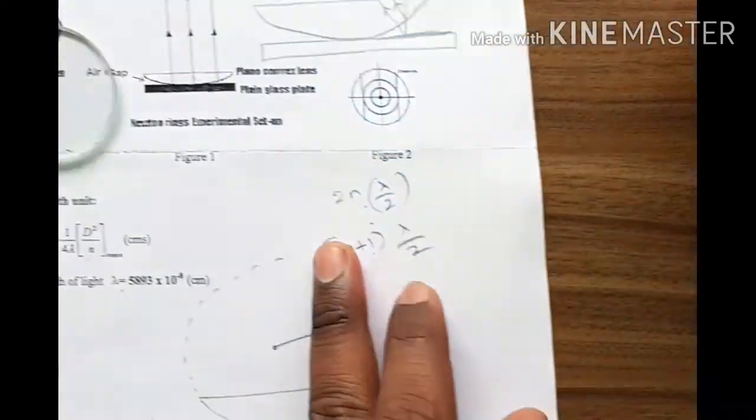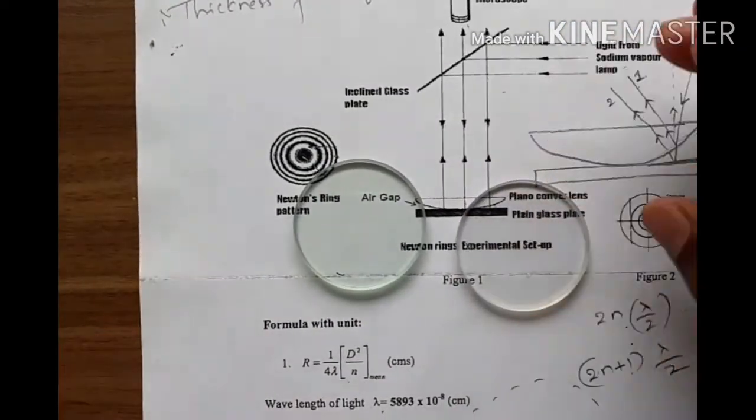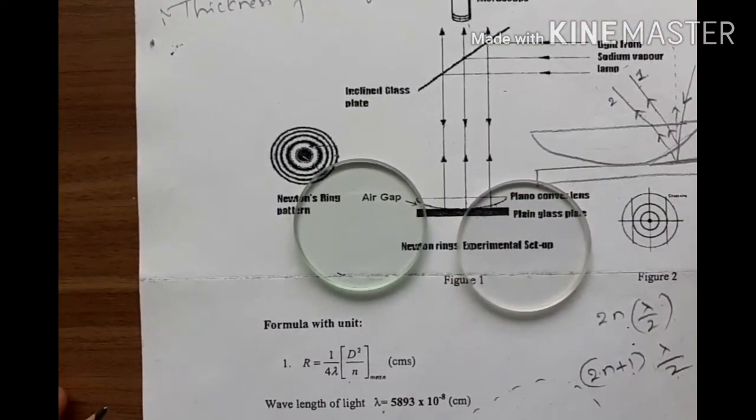So by this simple method we can identify which side is convex and which side is plane.